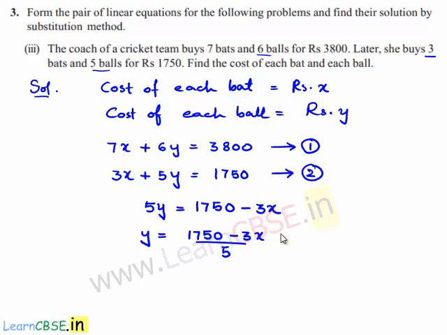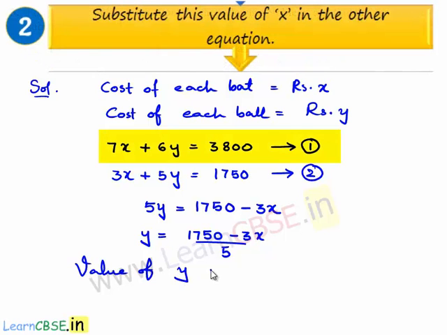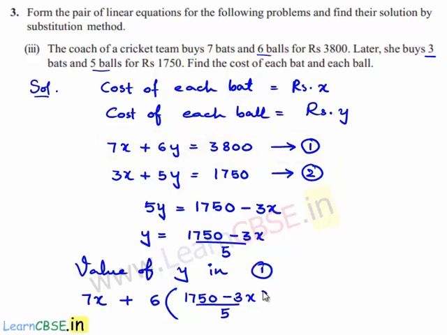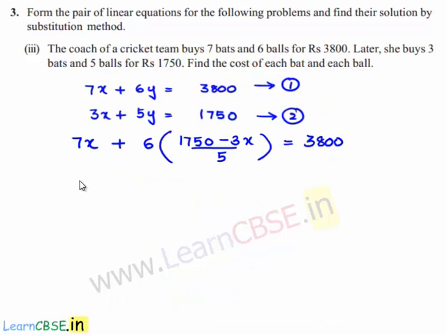So let us substitute the value of y in equation number 1. So we will be getting 7x plus 6 times, in place of y we can write 1750 minus 3x divided by 5, is equal to 3800. So the LCM is 5.